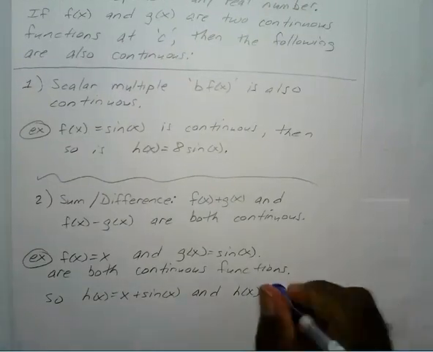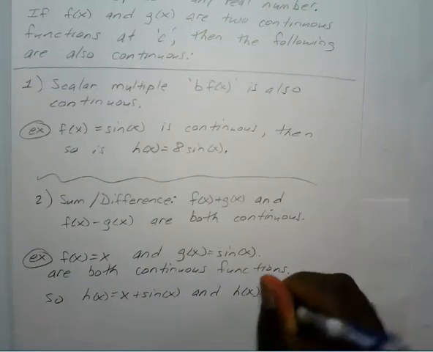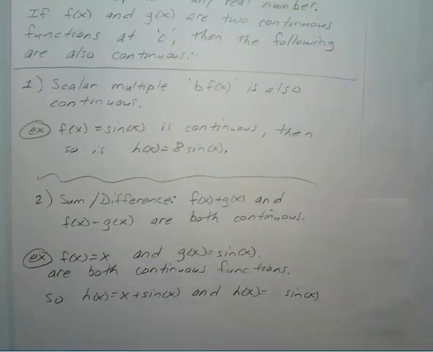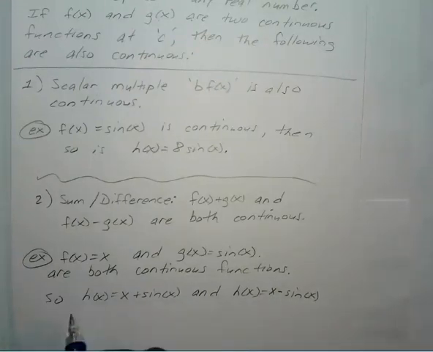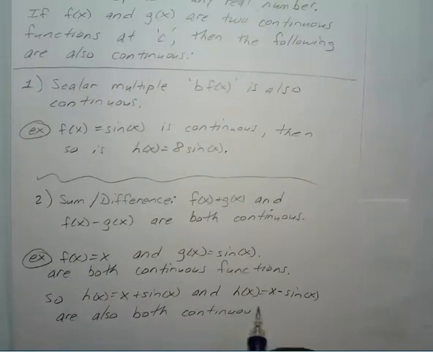Let me clean that up a little bit, give that a little more room. x minus sine of x, okay, are also both continuous. Okay, so adding and subtracting two continuous functions will give you a continuous function.